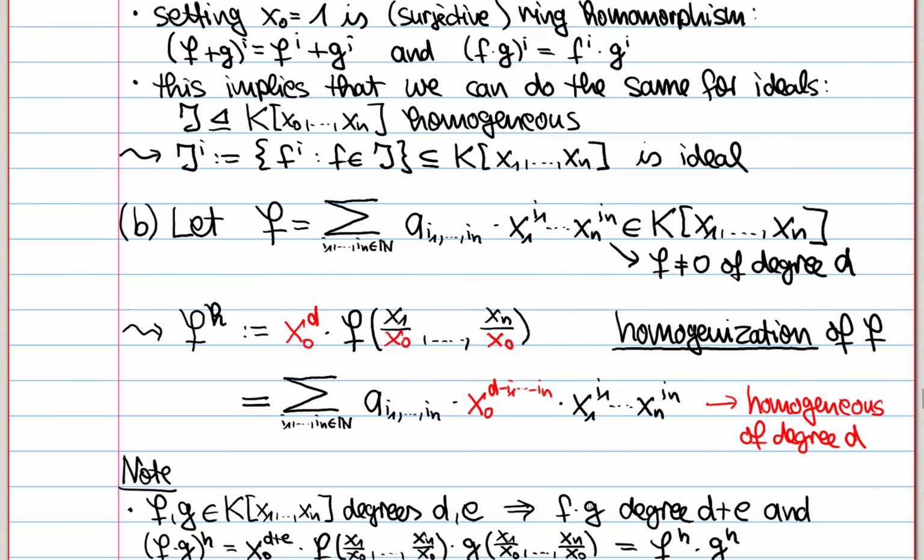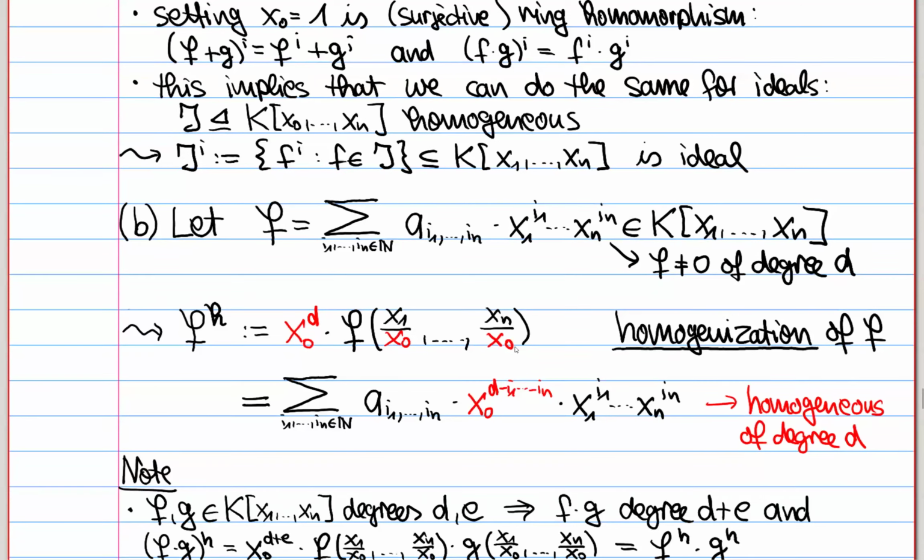Okay, so we went from homogeneous to inhomogeneous elements, and now the opposite way, there you have to be a bit more creative. So let's say we have any polynomial f in x1 up to xn. It should be non-zero, let's say, and of degree d, but it doesn't have to be homogeneous. Then we define f^h, the homogenization of f, by this recipe: we replace all the xi's in the arguments of f by xi divided by x0, and we multiply by x0 to the power d, the degree of f.